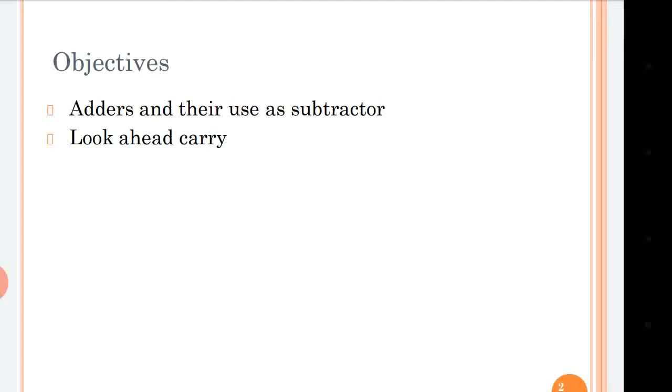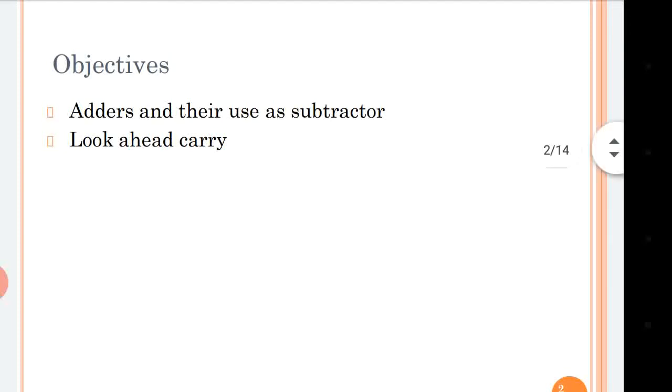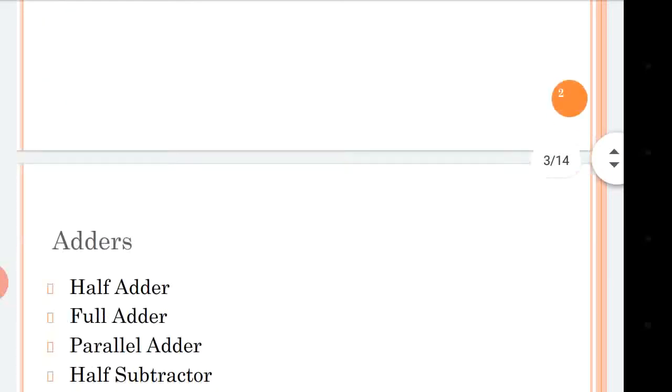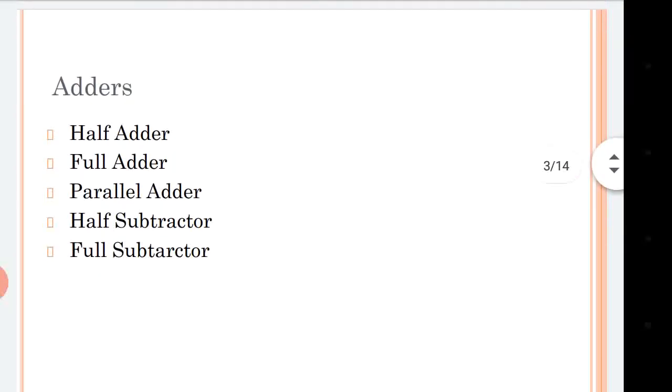In unit number 2, we have talked about the truth table and the implementation of all the adders, that is half adder, full adder, and also parallel adders. So let us quickly revise it and move forward.